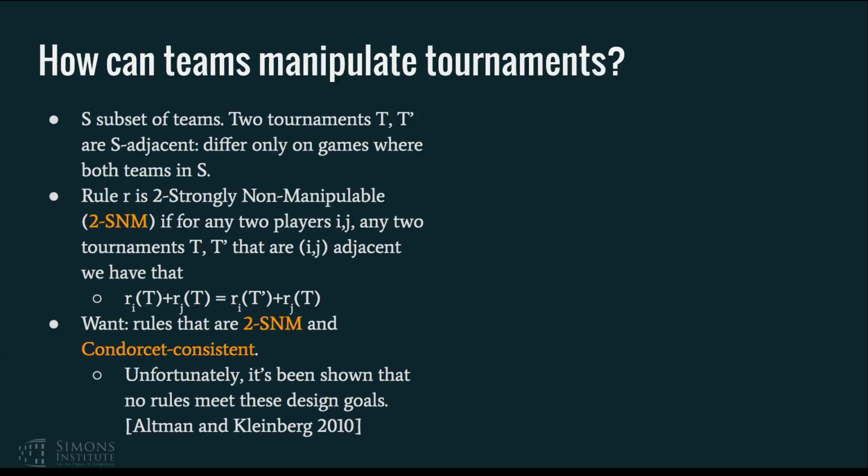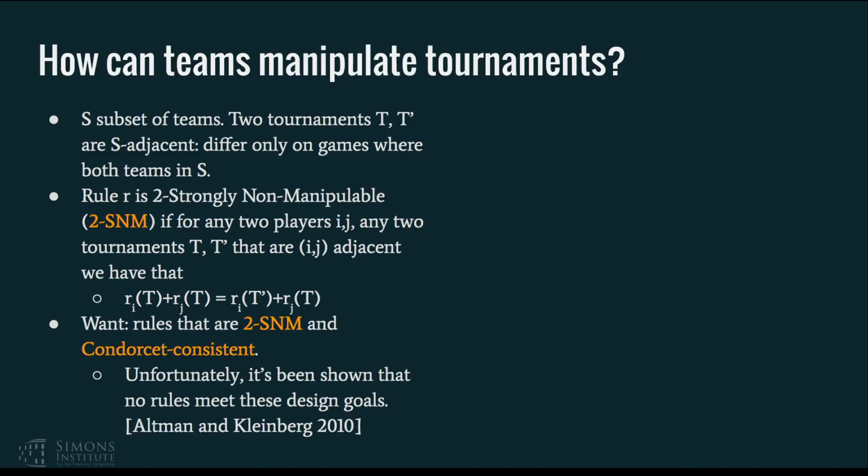We choose a subset of teams S, and we say two tournaments, two directed graphs, are S-adjacent if they agree on all the edges that don't have both endpoints in the set S. In other words, we allow the teams in this subset S to arrange the results of the matches whichever way they want.